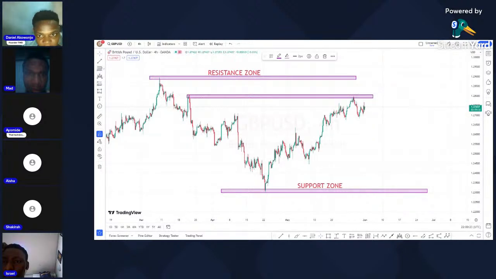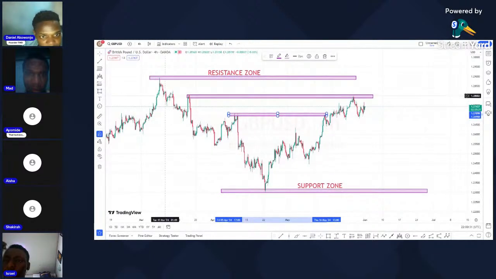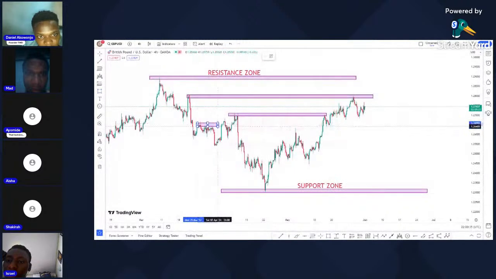So now the zones I'm marking out currently are resistance zones. Let me mark out all the visible resistance zones I can see.